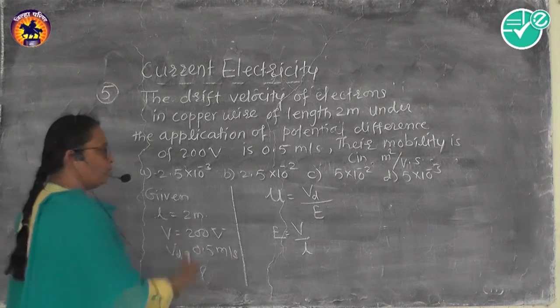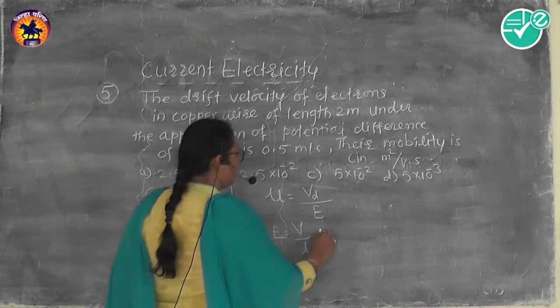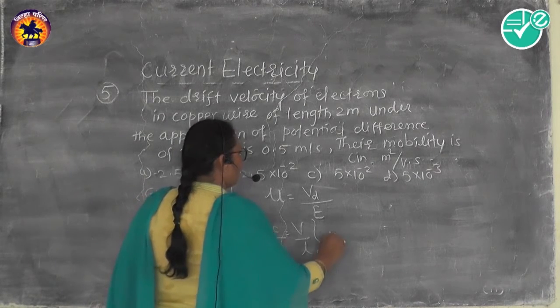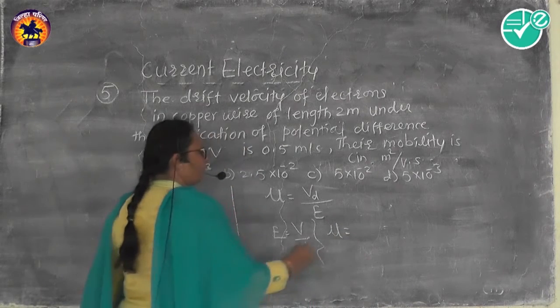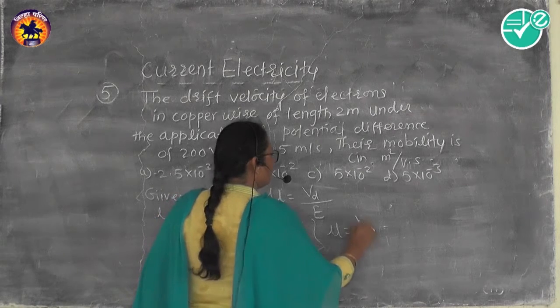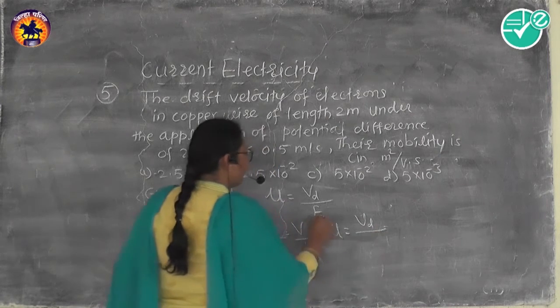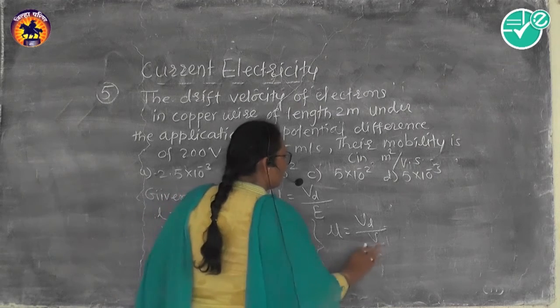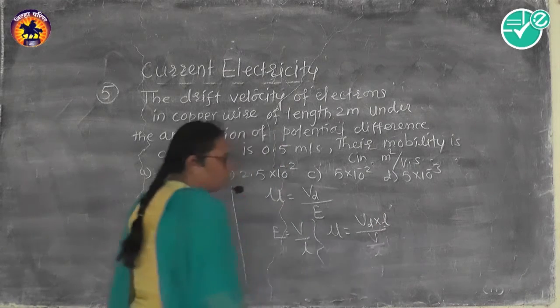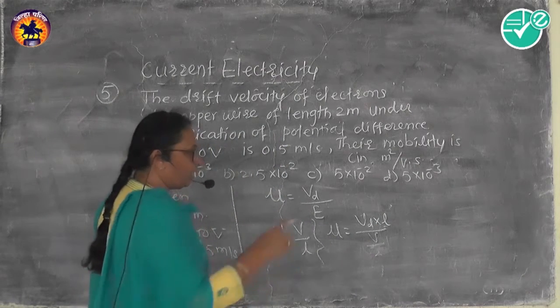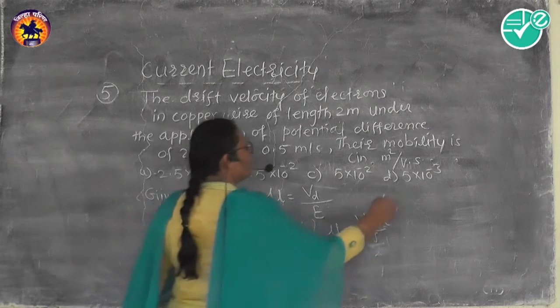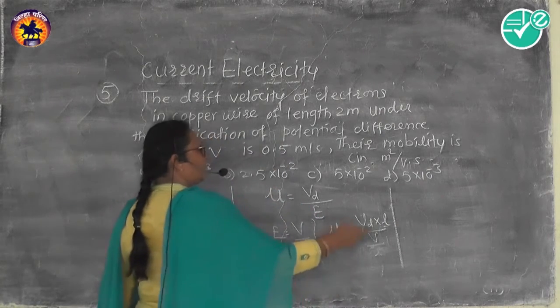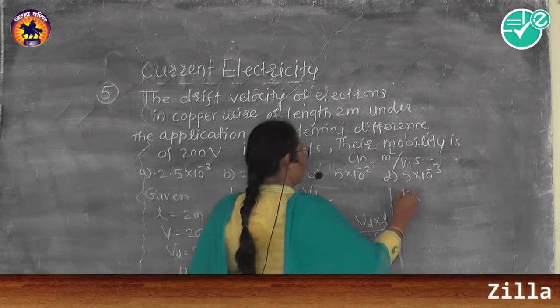Now put this value of E in above equation, you will get relation for mobility in terms of V as mu is equal to Vd divided by E, means V divided by L, that L moves towards numerator, and formula will be Vd into L by V. Now put values of all these terms which I have given.